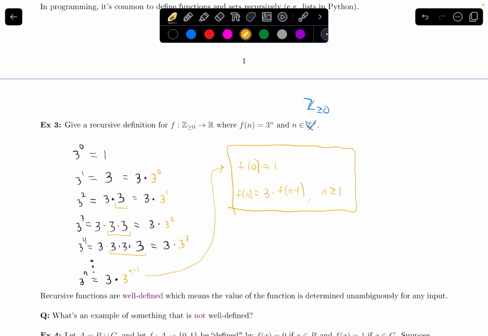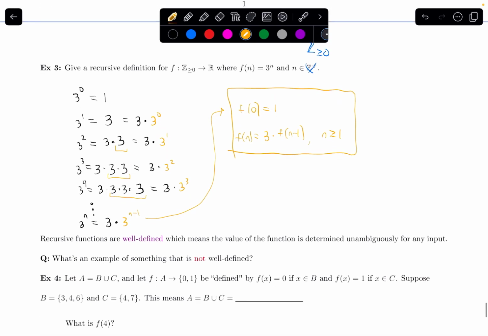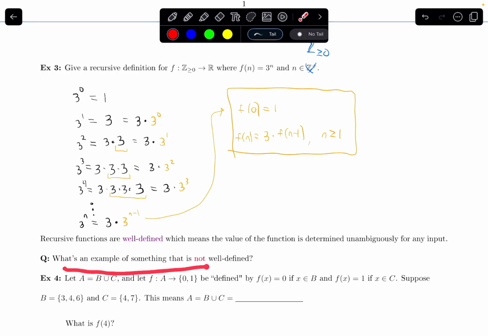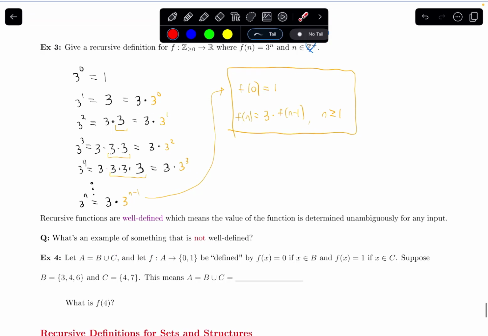Okay, recursively defined functions are what are called well-defined. And that means that the value of the function is determined unambiguously for any input. So what's an example of something that's not well-defined? So here's an example. Let A be B union C, and f be kind of defined in the following way.